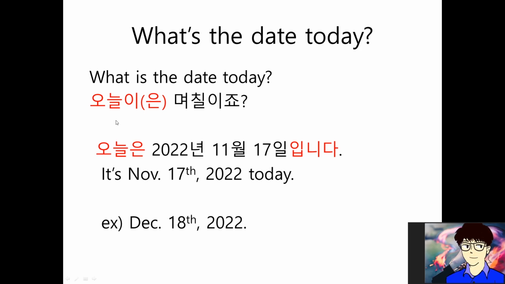Okay? You can use both. So 오늘이 or 오늘은, 오늘이 며칠이죠? 오늘 is actually today. And 며칠, it is like what date. So today, what date, like that. And 이죠, it is like 입니까.